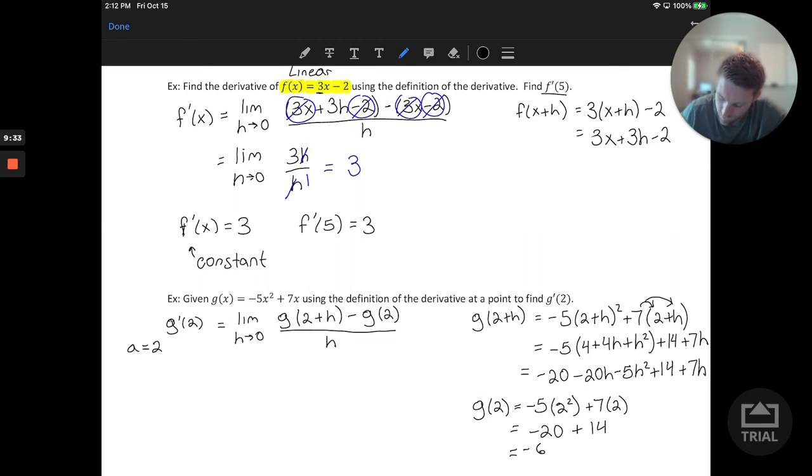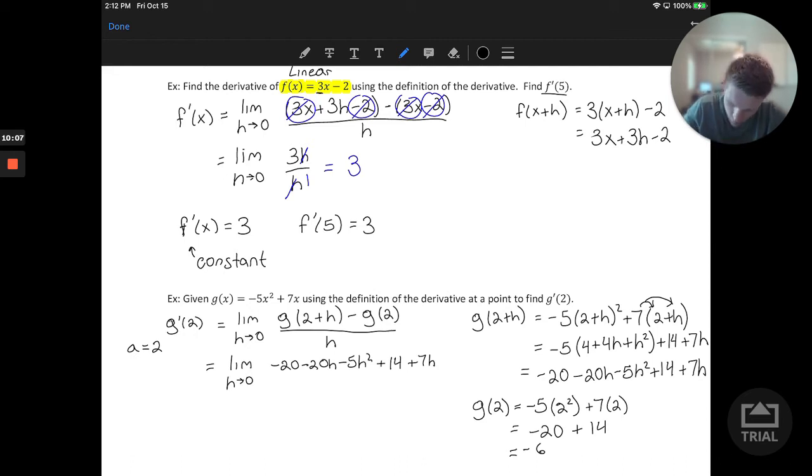And we're going to fill that in. So we have the limit as h goes to 0. We're going to fill in those numerator terms as they sit. We have negative 20, minus 20h, minus 5h squared, plus 14, and plus 7h, and it does look like we have a like term to work with there.